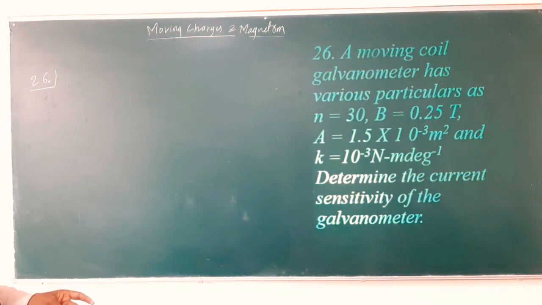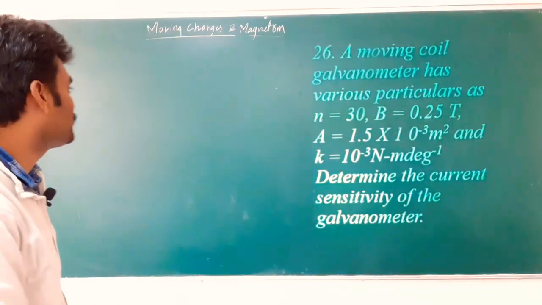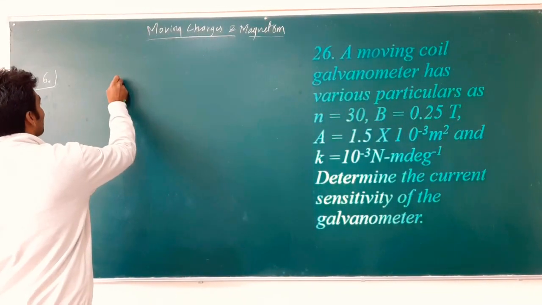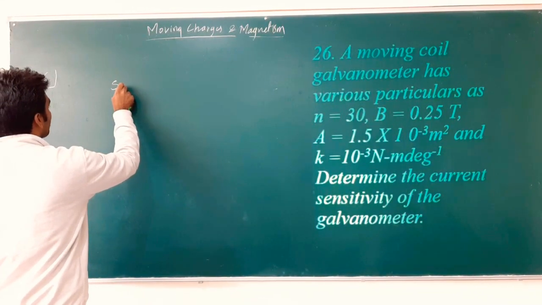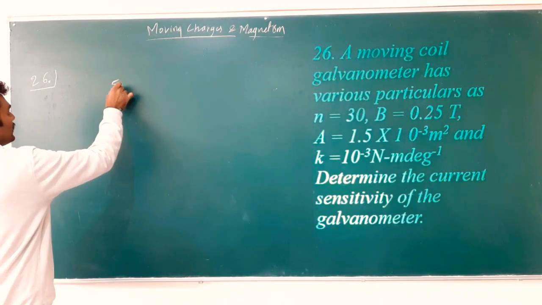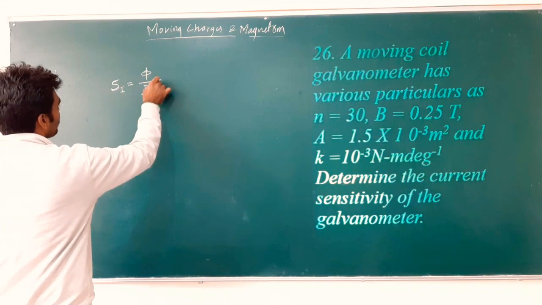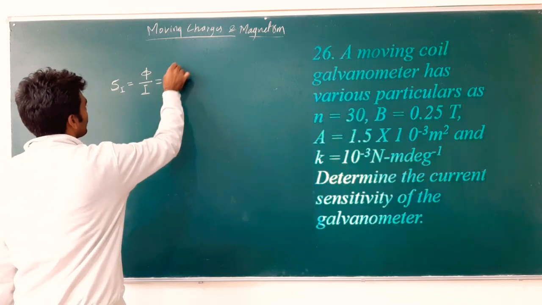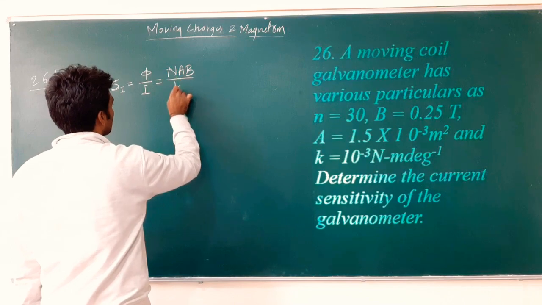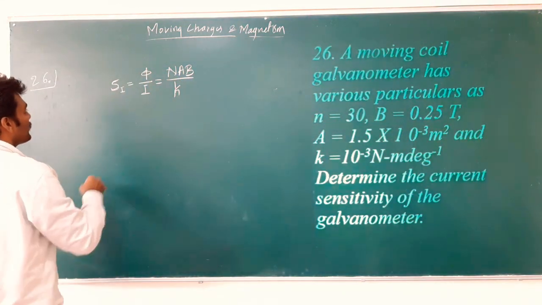So I can directly go for the formula, current sensitivity of the moving coil galvanometer given as S_I, which is equal to angular deflection by current, which is equal to NAB divided by K, right? This is the formula for the current sensitivity.